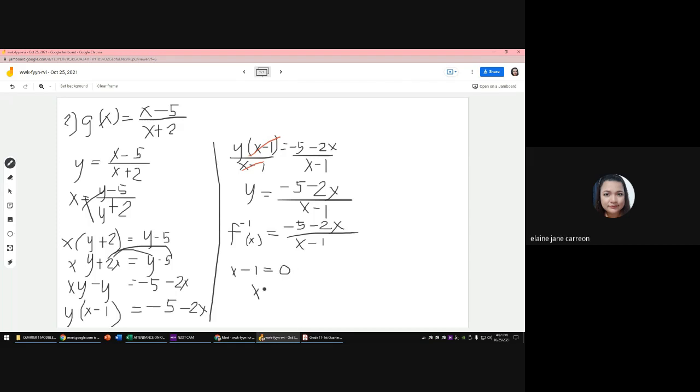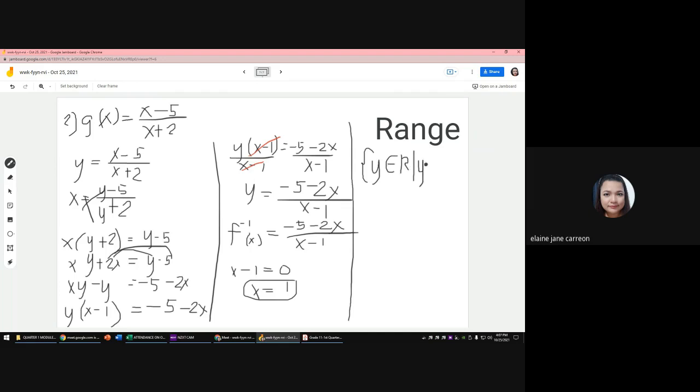So, x is equal to positive 1. Okay, we're now ready for our conclusion. So, for our range, for all values of y, element of real numbers such that y cannot be equal to positive 1.